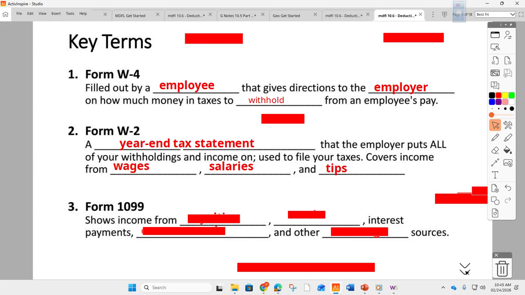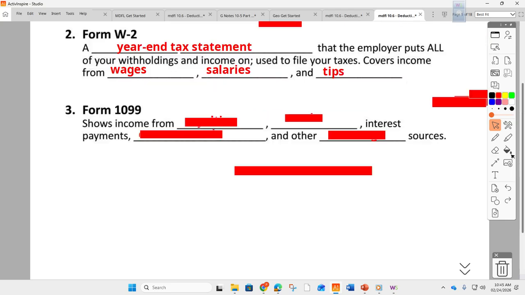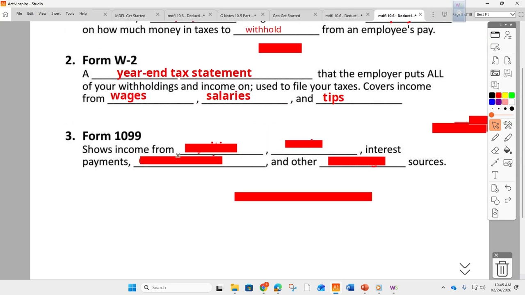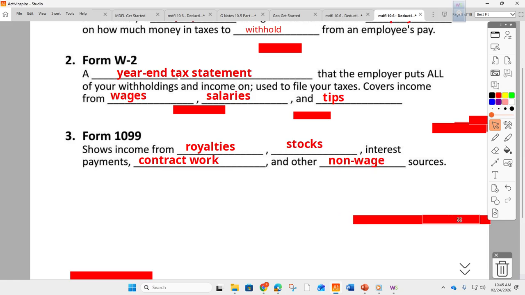And then the 1099 form, that's the one we computed Jameson's taxes with. It shows income. This is the one I think of most from contract work. It also shows income from royalties, stocks, and other non-wage sources. So if you are a subcontractor, that means maybe someone's building a house and you are a plumber.